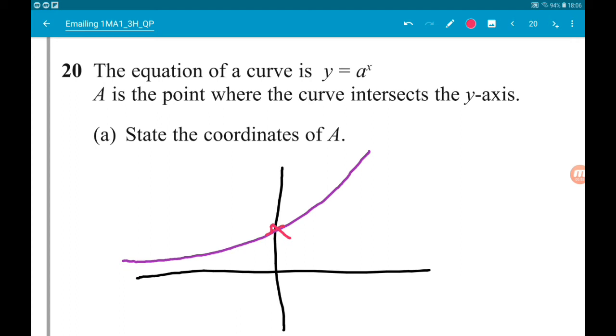Now, on the y-axis, x is equal to 0. And y then would be a to the power of 0. Any number to the power of 0 is 1. So the coordinates of A are 0, 1.